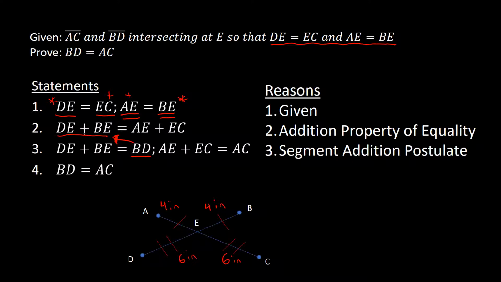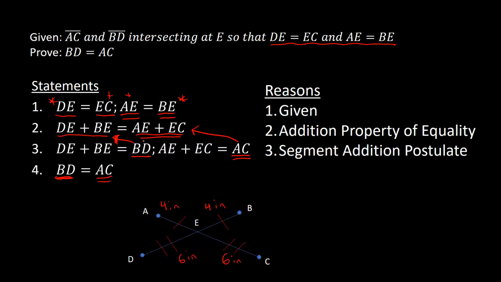So I'm putting in a BD, which is where we get that BD right there. And then the AE plus EC, we said right here it's equal to the bigger segment AC. So in place of AE plus EC, I'm replacing that with AC. And that's what we get right there.